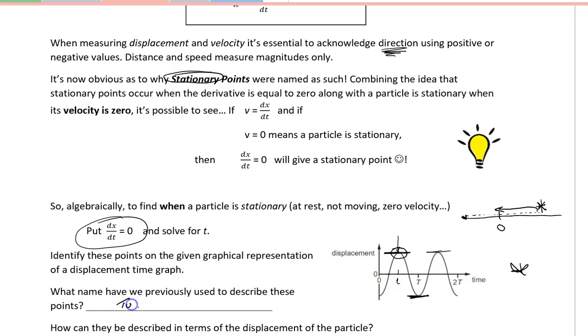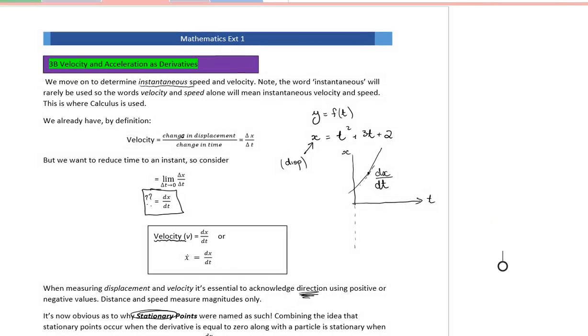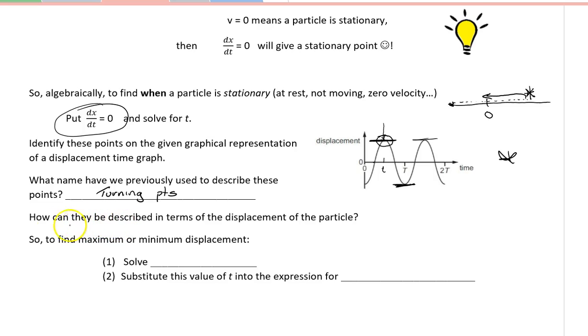What name have we previously used to describe these points? We've not only called them stationary, we've called them turning points, which makes sense when we start talking about particles moving. And in some situations, how can these special points be described in terms of the displacement of the particle? Well, at times you could say that was the maximum displacement of the particle.